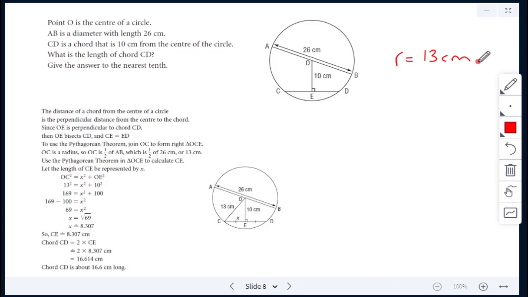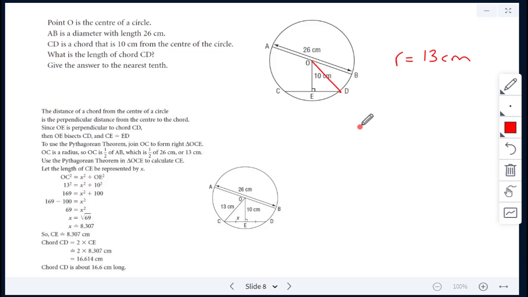All right, so you can create your little right triangle in this example. So for example, you could draw it from here to here, knowing that this line here is 13 centimeters long. All right, and we also know the second line is 10 centimeters.